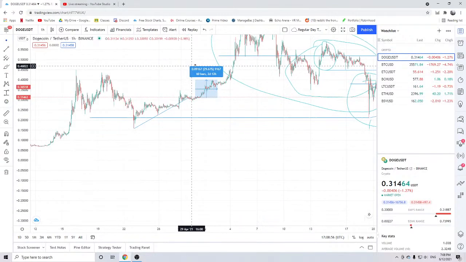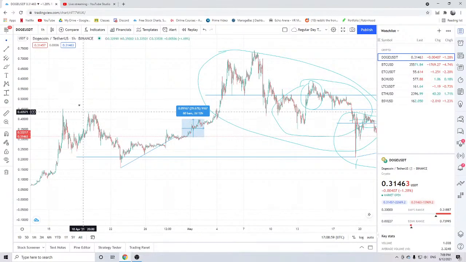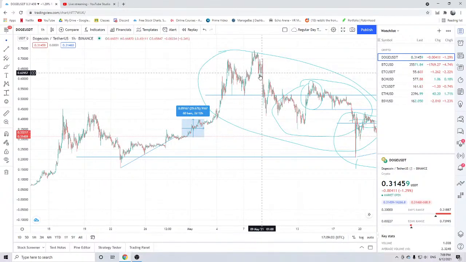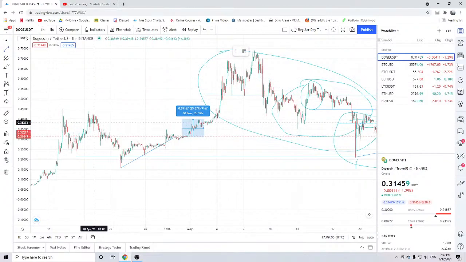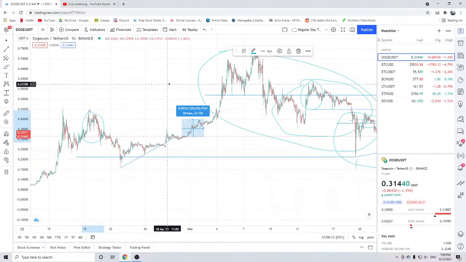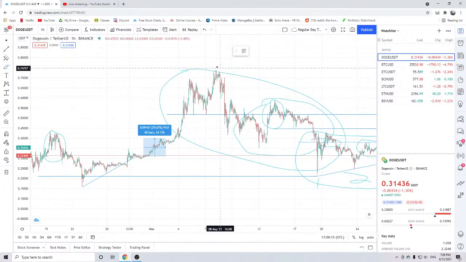Because as we can see, this was rallying, and kind of had its bump down on the second one. We saw that here. Just going to circle this. Right here, and right here.